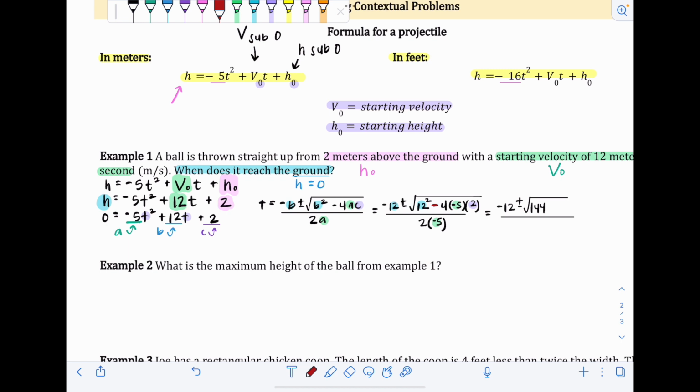So I have 2 negatives, which is an even amount. An even amount of negatives would give me a positive product, so I'll put my plus sign. And then now I don't have to worry about the signs. So 4 times 5 is 20, and then 20 times 2 is 40. So this will be a plus 40. And then over 2 times negative 5 in the denominator is negative 10.